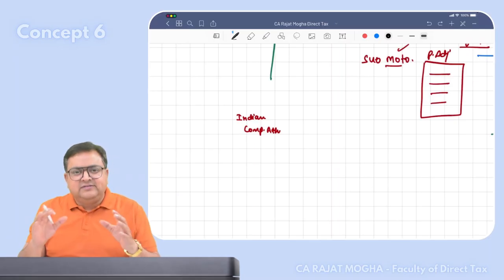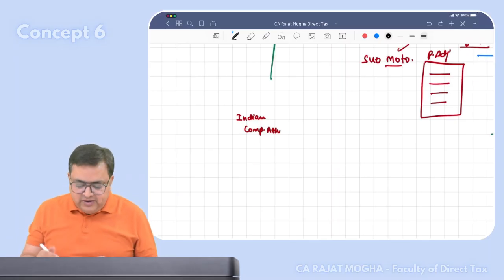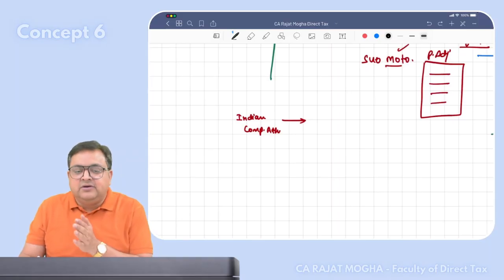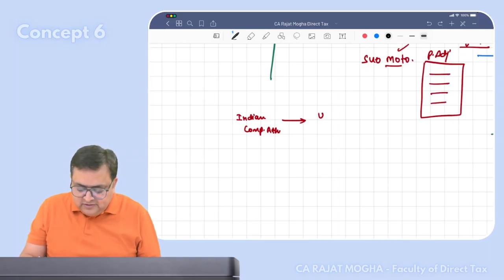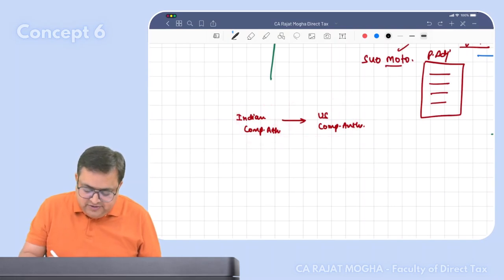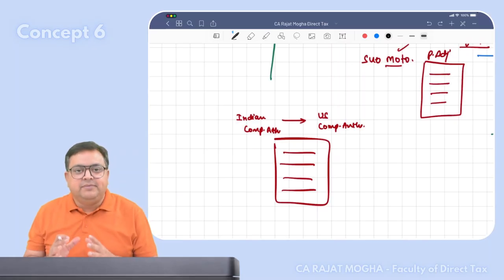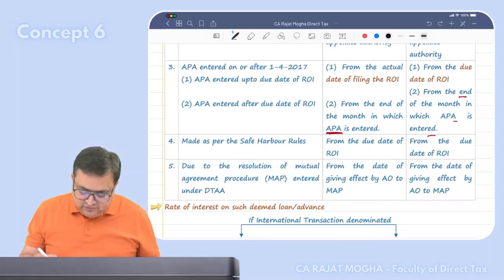Whenever the DTA is signed, these people have major role. So Indian competent authority versus, let's say, for example, US competent authorities, they both sit together, and they actually form an agreement, which is known as MAP, mutual agreement procedures.